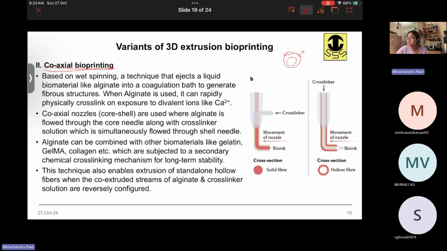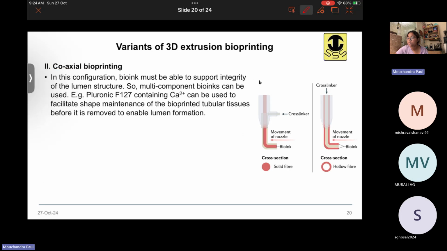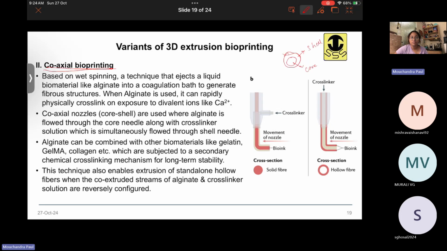So this becomes the shell, this becomes the core, and you can flow two different materials through the needle. From the shell you can flow one material, and from the core you can flow another material. So it uses a coaxial needle.